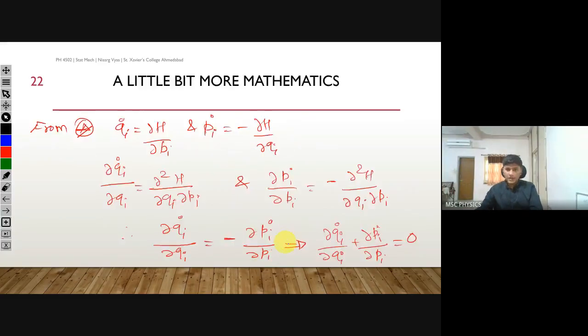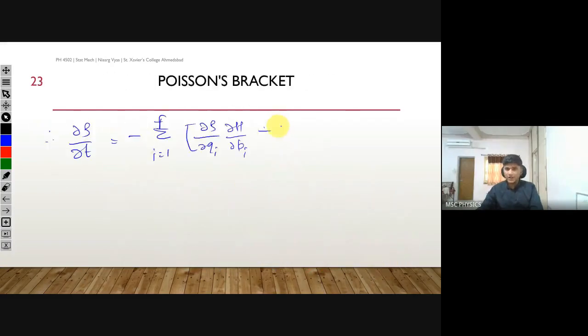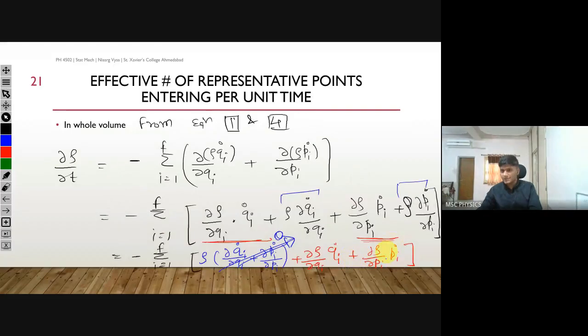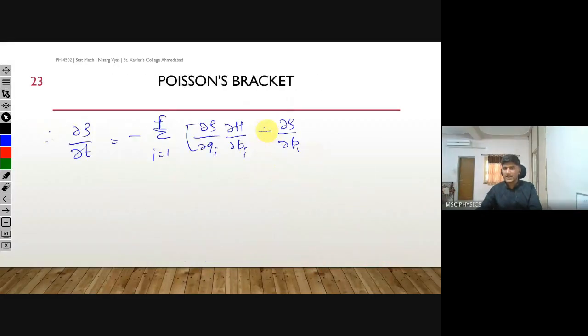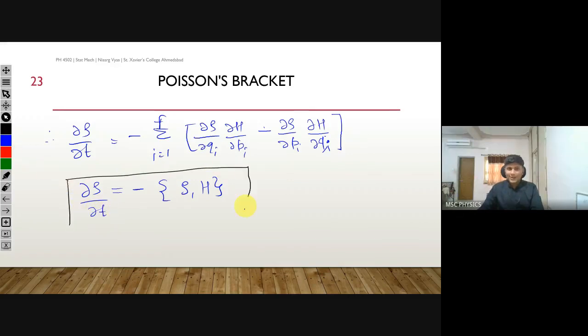And del rho by del Pi, it was plus, but I'm writing minus as Pi dot is minus del H by del Qi. So I'm taking that minus out. This is del H by del Qi. And this can be written as something like this, the bracket of rho and H. Simple. This whole bracket, you can write it as this. Now it looks so simple and sober.